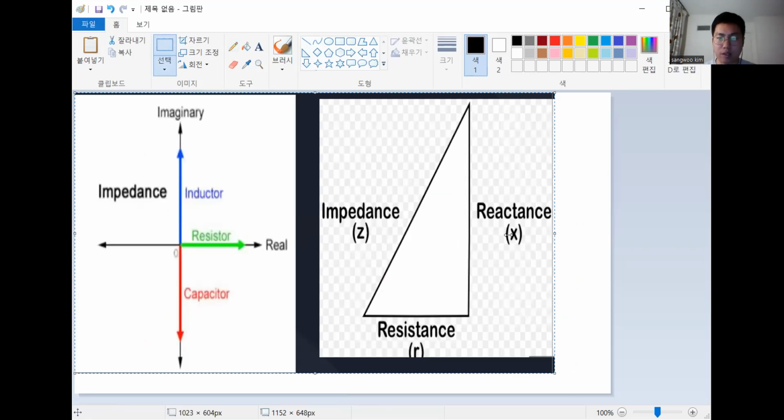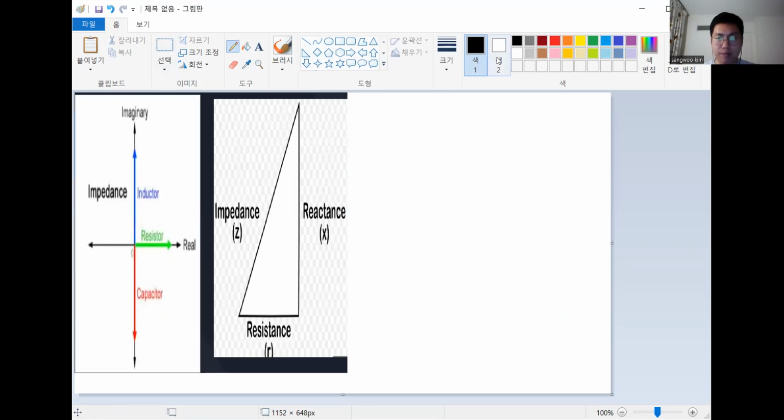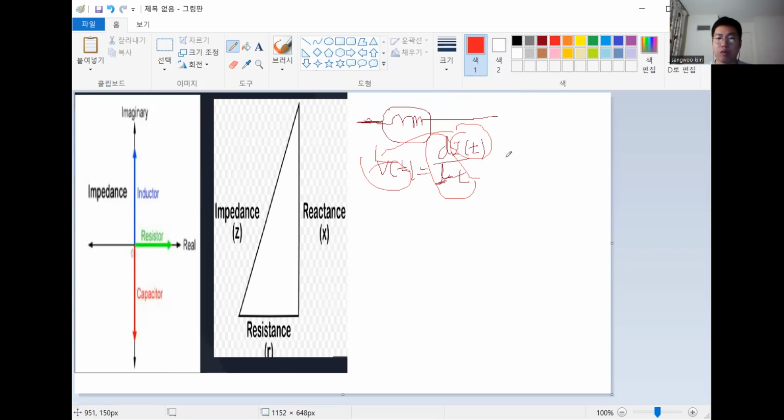So first of all, we need to know about the reactors. We need to remember this equation: V equals L di/dt. Which means as time goes by, I is changing and V is induced.